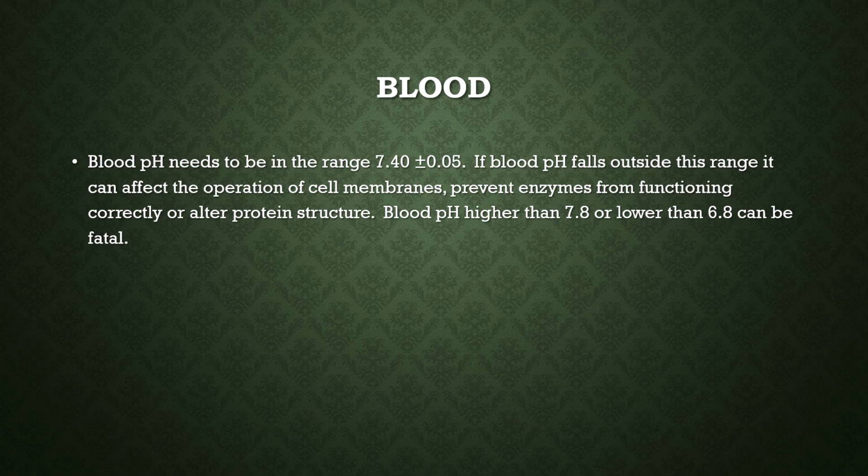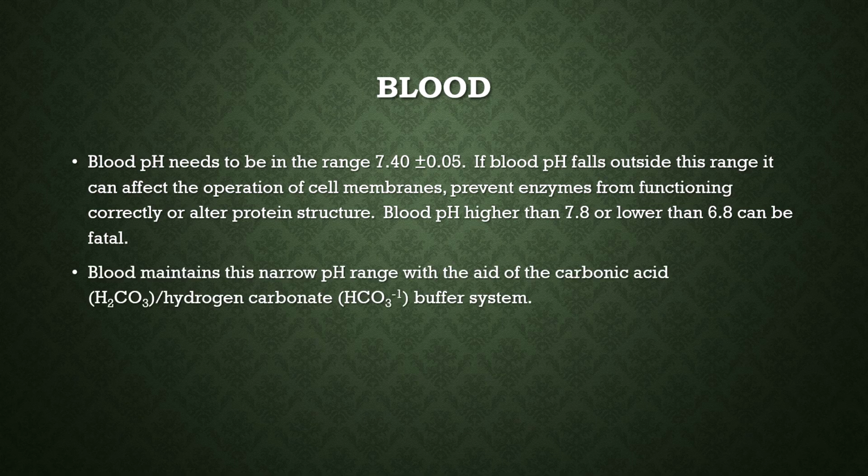A blood pH that would be 7.8 or lower than 6.8 can actually be fatal to a human. So, you don't want overly alkaline blood, which means basic, or overly acidic blood. And these are biological processes called acidosis and alkalosis that can link into that. But blood maintains the narrow pH range with the aid of carbonic acid.